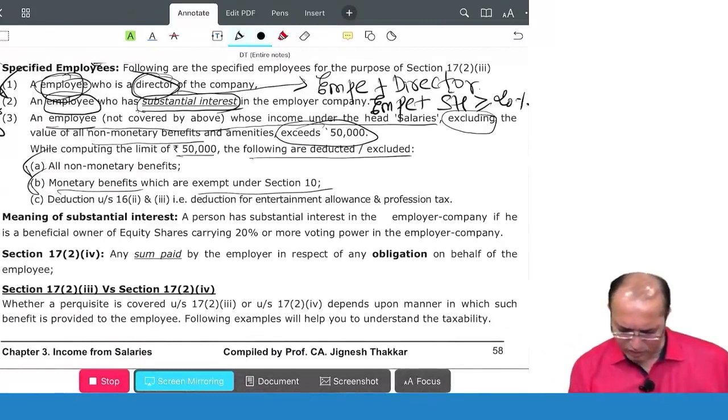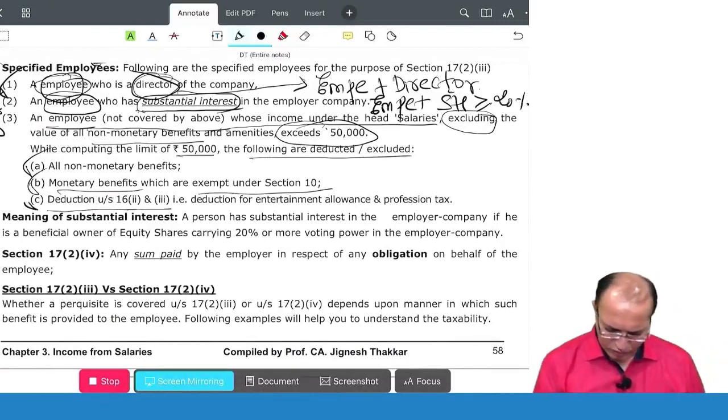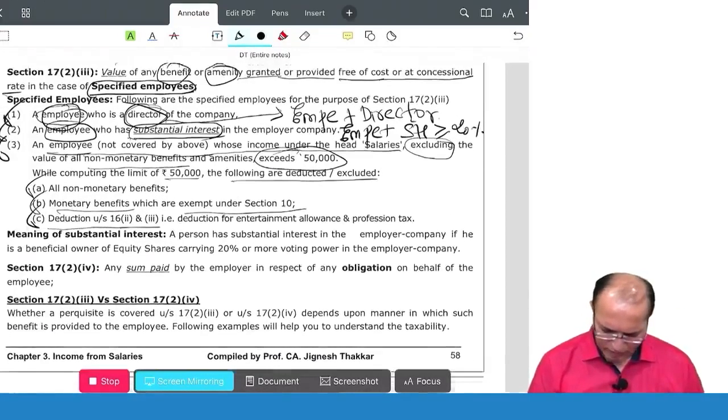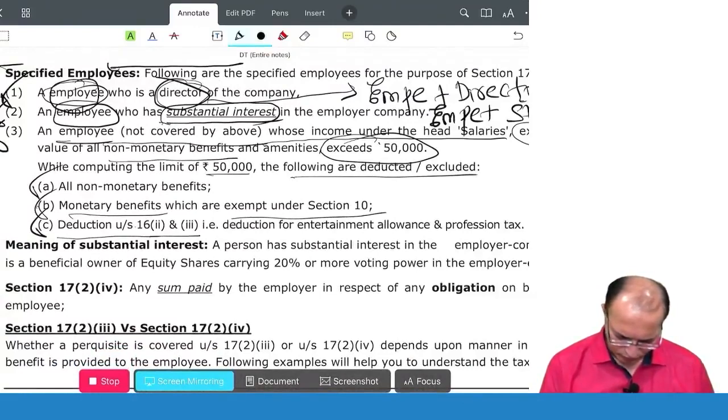From that you deduct deductions under section 16 clause 2, clause 3. Here you write clause 1A also. Here by mistake I have not written clause 1A. You also write clause 1A under section 16.